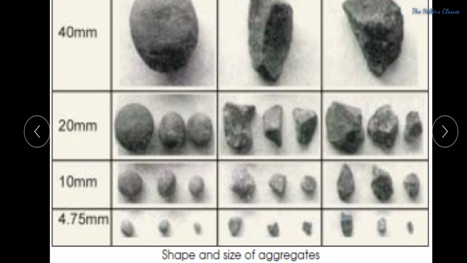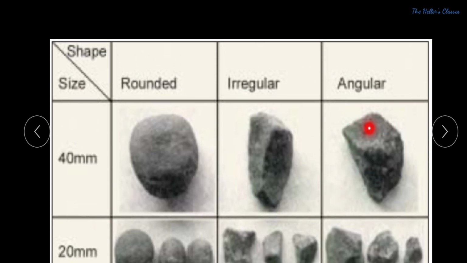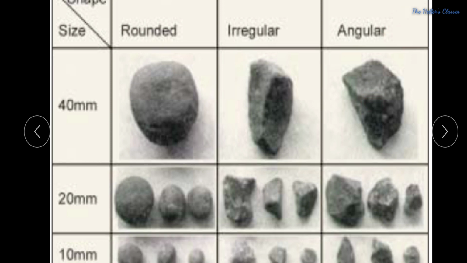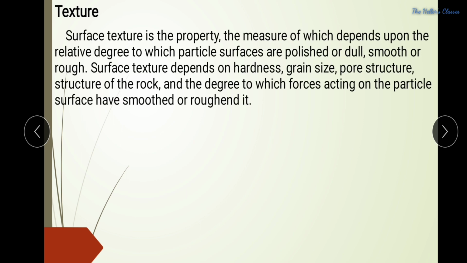So basically we are using angular aggregates only to make good strength concrete. We generally use angular aggregates, not flaky or very thick materials or rounded materials.